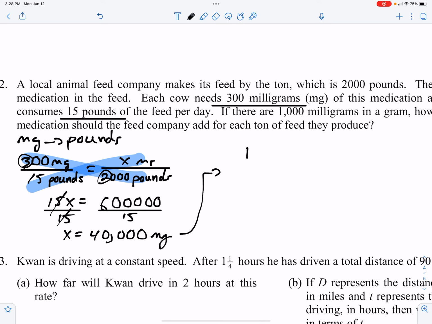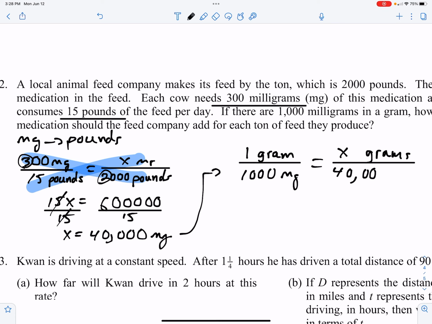Okay, now what do we know? We know that there is 1 gram in 1,000 milligrams, and so we want to know X number of grams in the 40,000 milligrams we just found, right here.